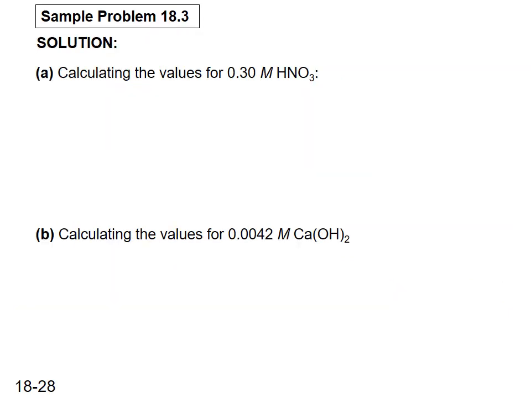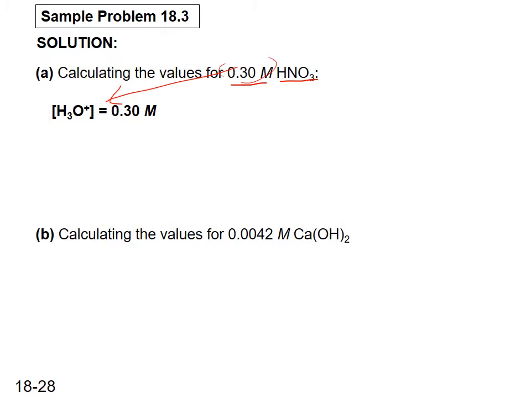So let's look at A. This is the concentration of nitric acid, and because it's a strong acid, all this concentration becomes hydrogen ion concentration. So that's the first important step. You can see here why I ask you to memorize the list of strong acids.